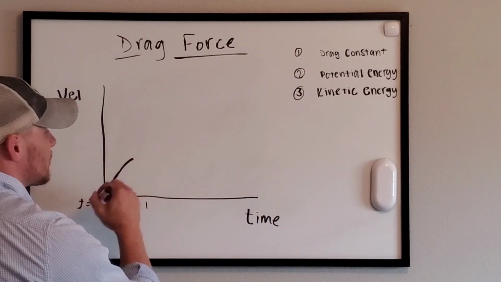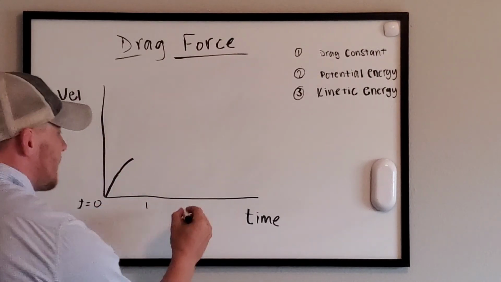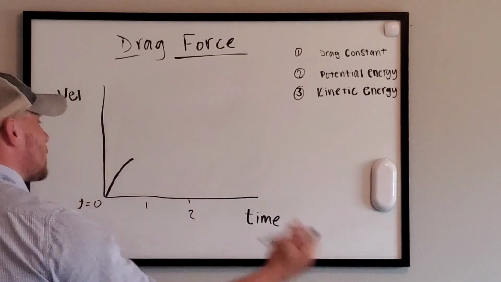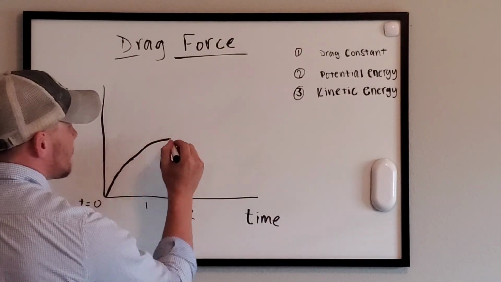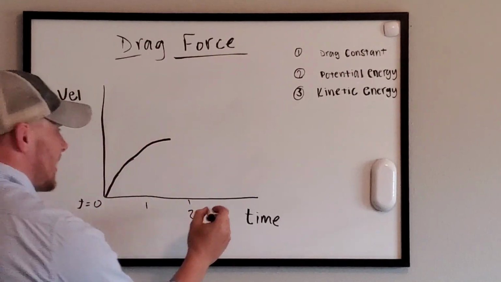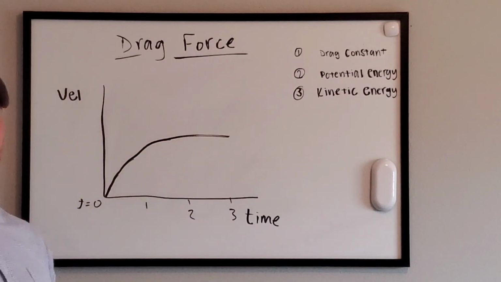So, okay, it starts to slow down. The velocity starts to slow down a little bit. Remember at time when it was 2 seconds, the drag force is acting even more on it, so it slows down even more. Now the slope is less, and then at T equals 3 seconds, it pretty much flatlined.